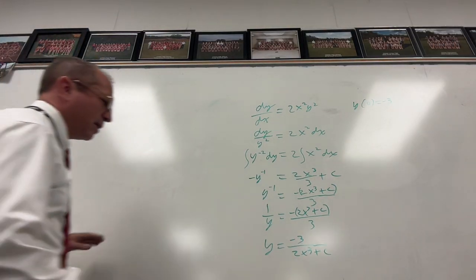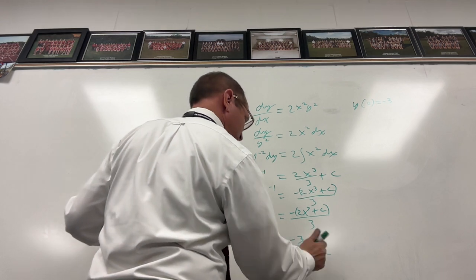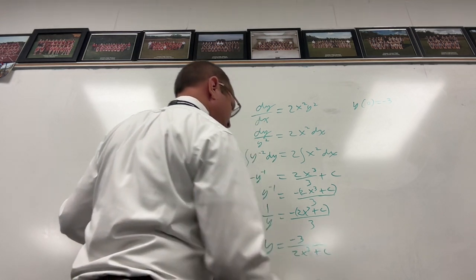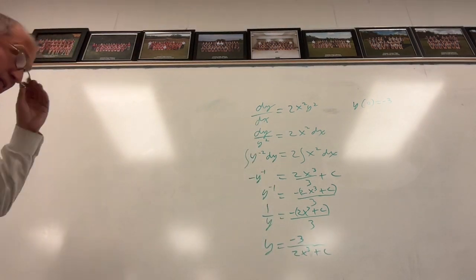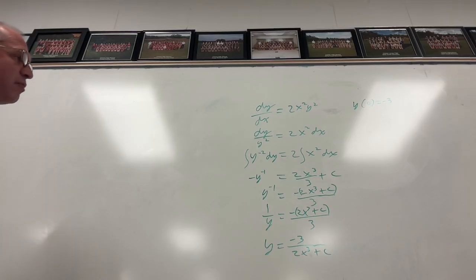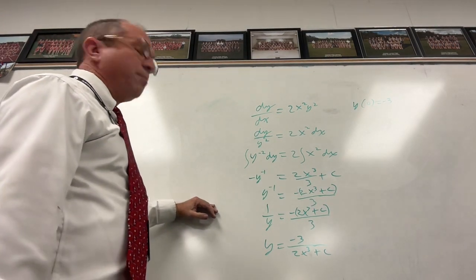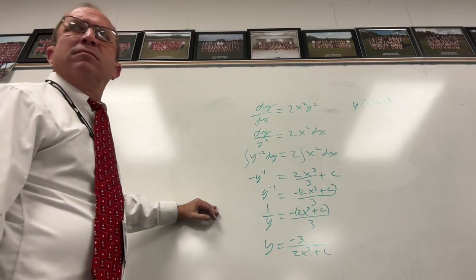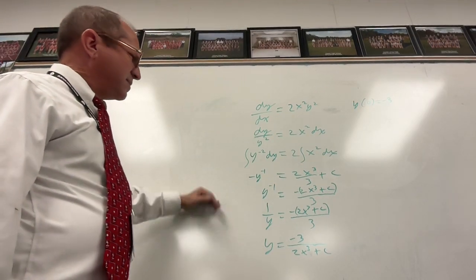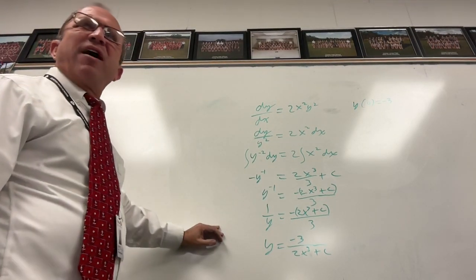That is the ugliest 3. Okay, so that is my antiderivative. This right here, if you could do this on the AP test, that's typically 5 points. And it's not, like I said, it's not 5 hard points.